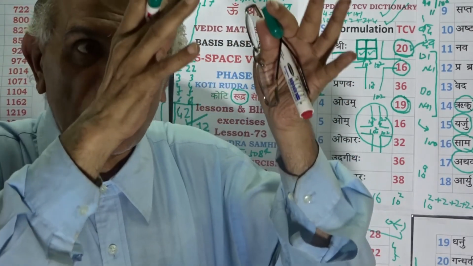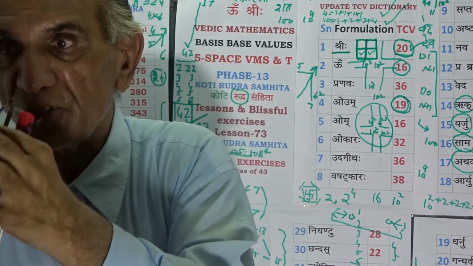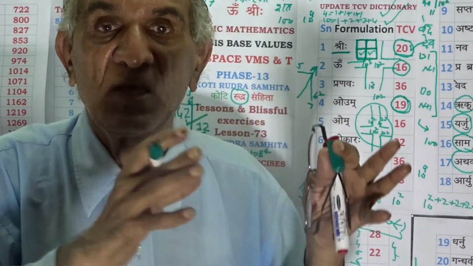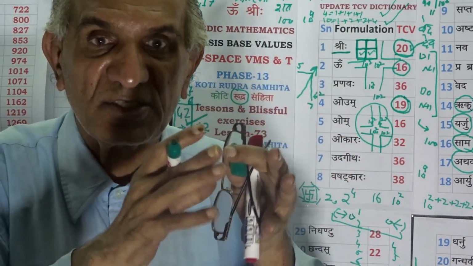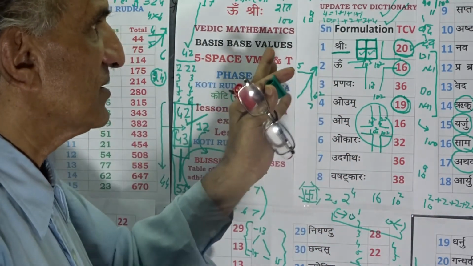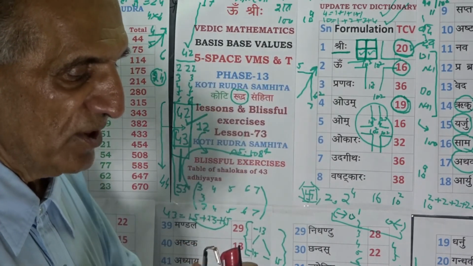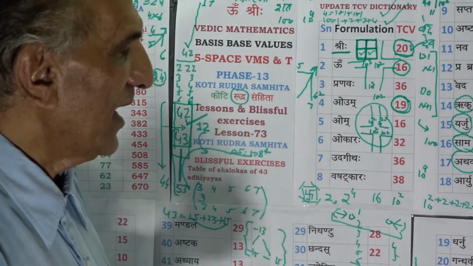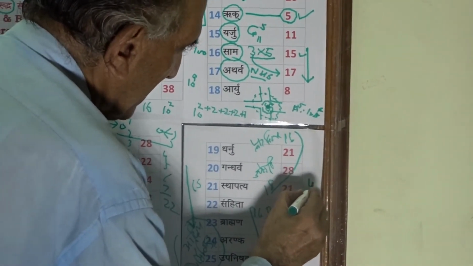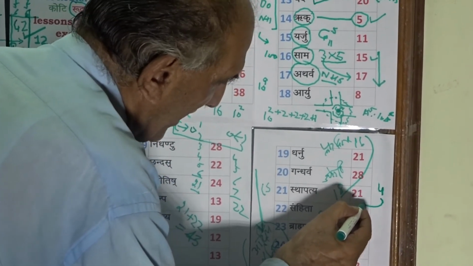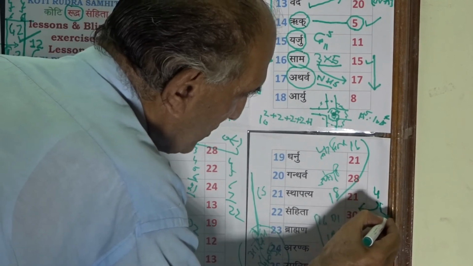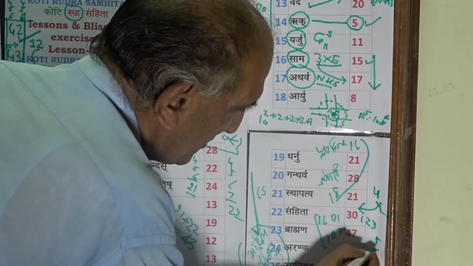Therefore, both value 21 and value 22 are being simultaneously swapped, simultaneously chased, simultaneously covered by the Koti Rudra Samhita. Koti Rudra Samhita is the fourth Samhita, and as such it comes at the middle, so from here we have to proceed back for coverage of the first three Samhitas, and also proceed ahead for the coverage of the fifth, sixth and seventh Samhitas.